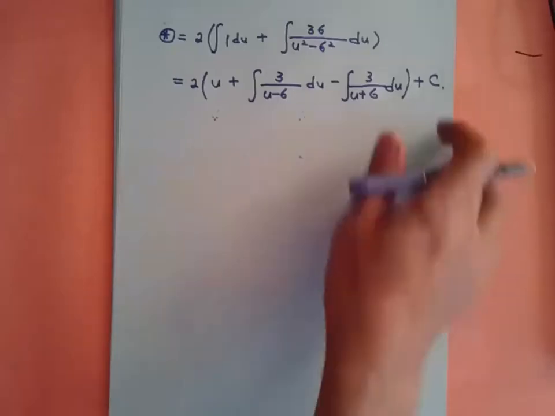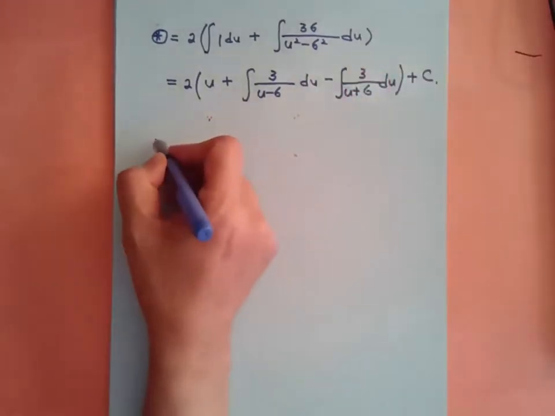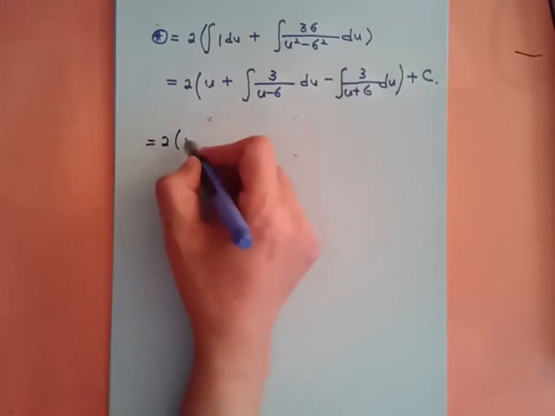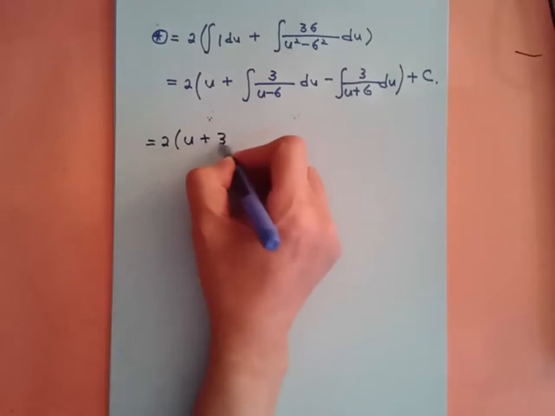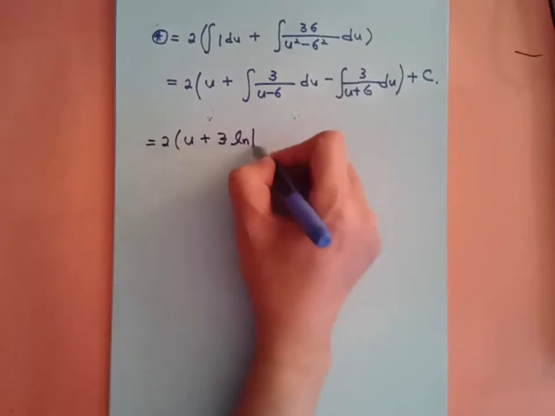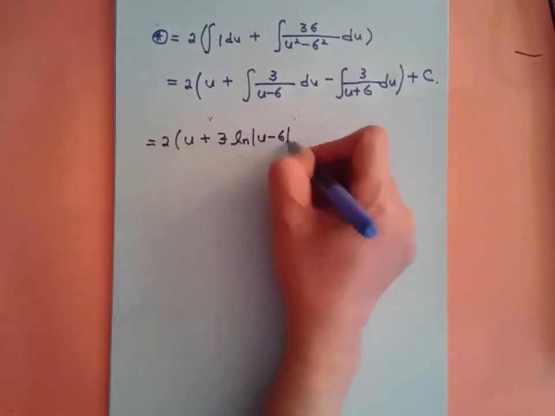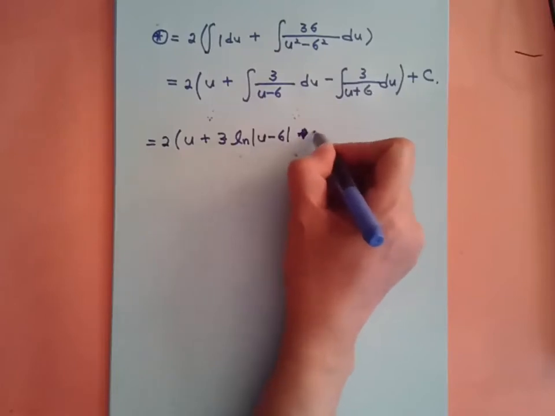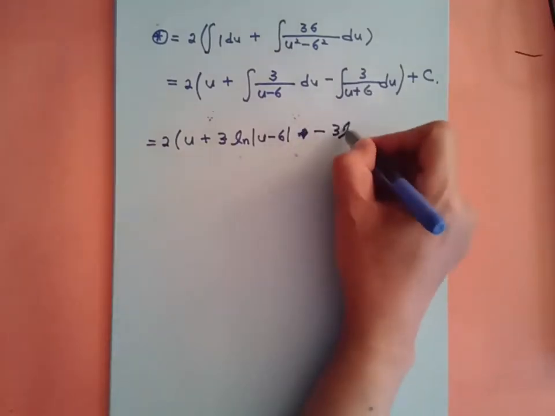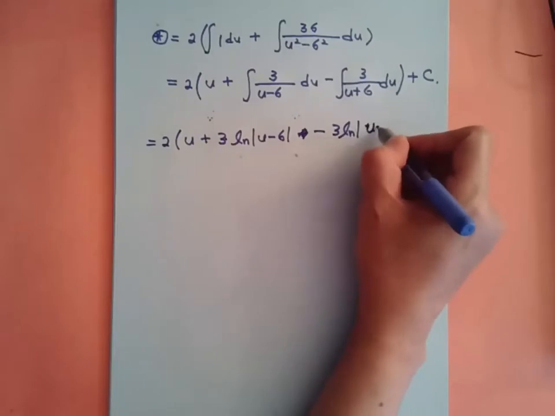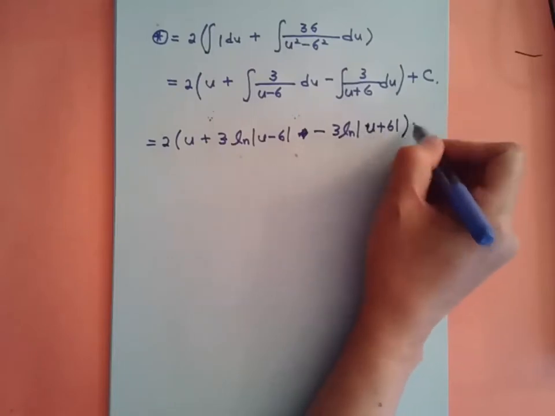By doing that, we have natural log as integration. So that is 2 open parentheses u plus 3 times natural log of absolute value of u minus 6 plus minus 3 times natural log of absolute value of u plus 6 plus c.